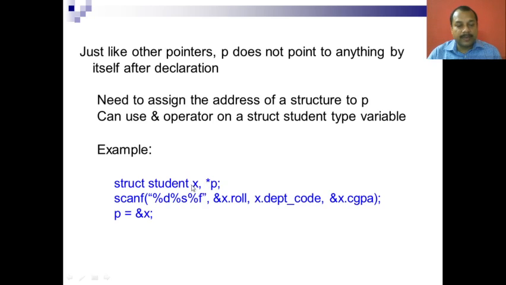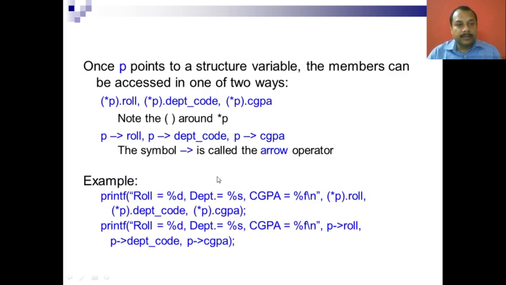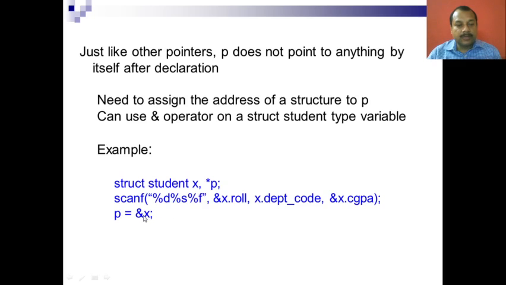The name of the variable is x, and the pointer to x is star p. To access roll, x dot roll; to access department code, x dot department code; to access cgpa, x dot cgpa.